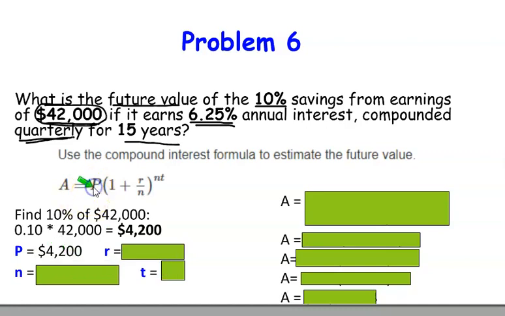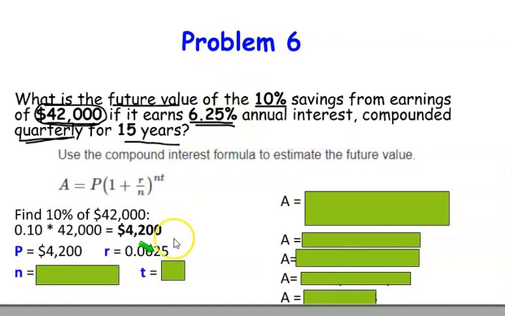Okay, so we found our principal amount. We're going to take this capital P out and put in $4,200. Okay, so the rest of the formula, and if you're using Desmos, make sure you put in the left parenthesis, then 1 plus the rate. What's the rate? It's right there, 6.25%, but we don't work with percents.